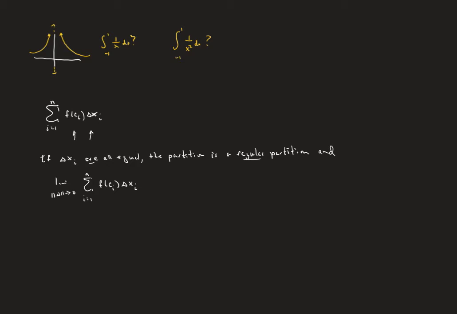So when the norm goes to 0, that's assuming that these don't have to be the same width, but when it becomes a regular partition, then instead of having to say all of that norm stuff, we can just say, take the limit as n goes to infinity of the sum i going from 1 to n of f of c sub i, and because it's a regular partition, all of the delta x's are the same, so we don't have to use that delta x sub i notation.